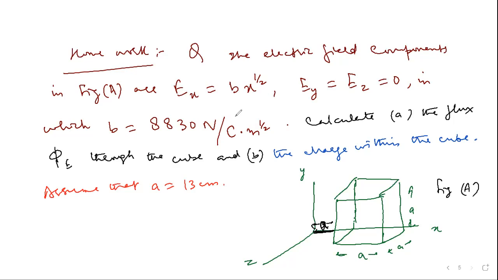B has the value 8830 Newton per coulomb meter raised to the power half. And we have to calculate part A, the electric flux through the cube, and part B, the charge within the cube. You have to assume that a, that is the edge length of the cube, is 13 centimeter, right?